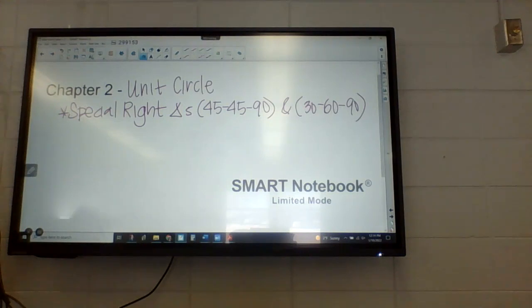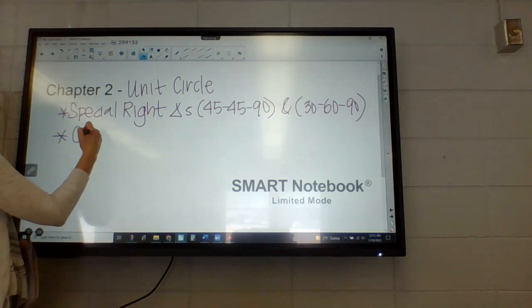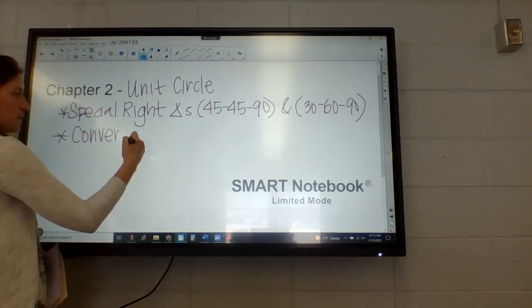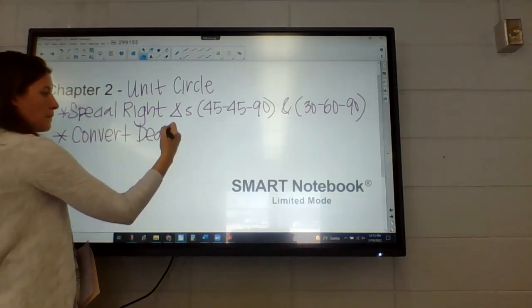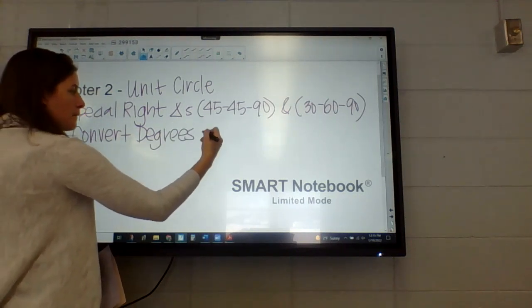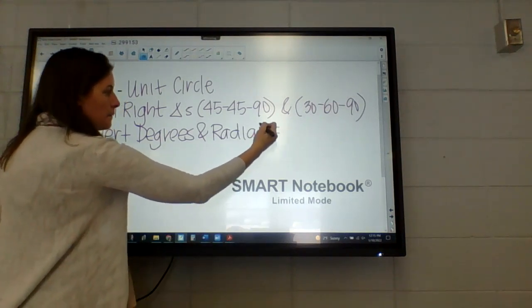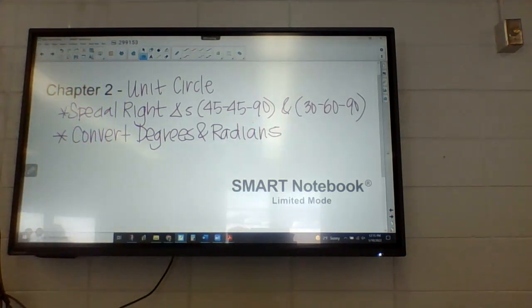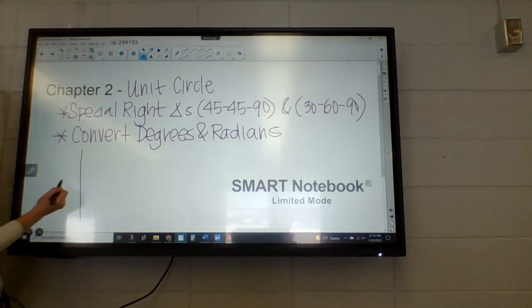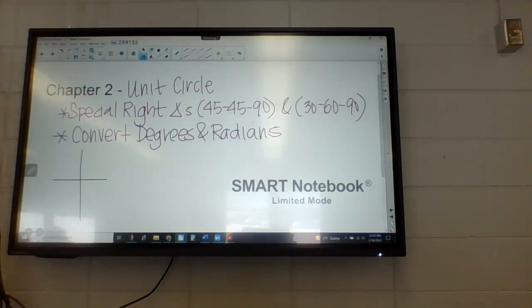You should be able to convert back and forth between degrees and radians. We also talked about reference angles, where we took our coordinate system and drew triangles within it.